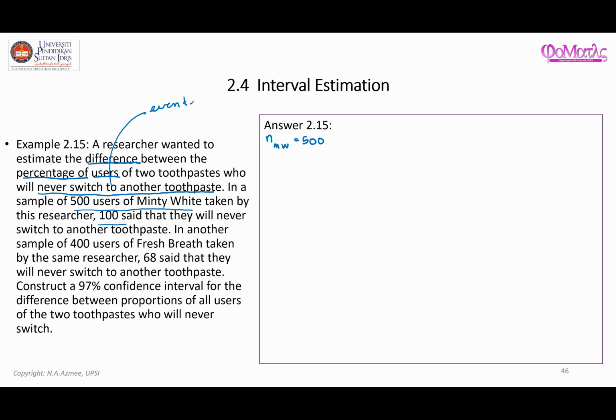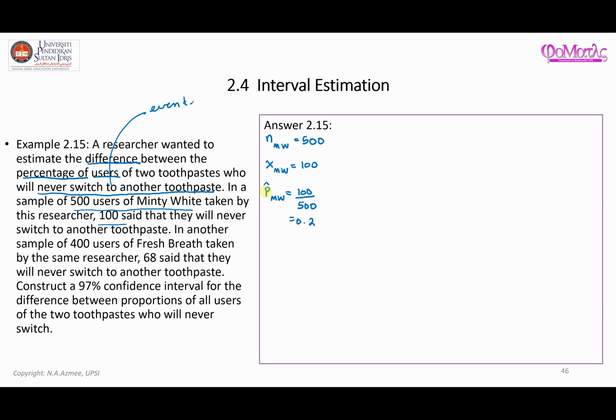And X for Minty White is equal to 100, and therefore the sample proportion for Minty White is going to be 100 over 500, and this is equal to 0.2.